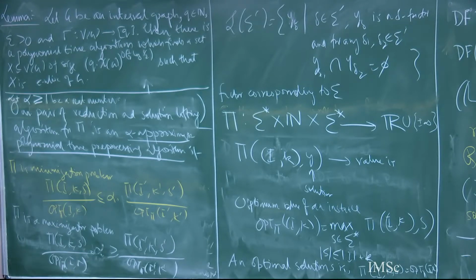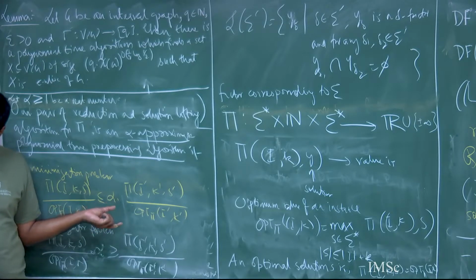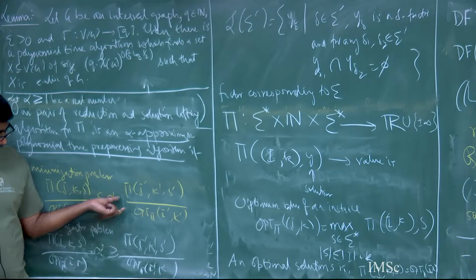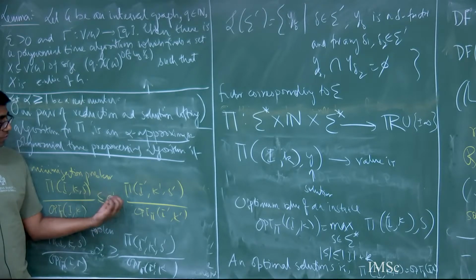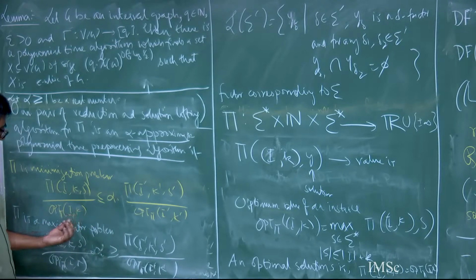Okay, fine. What does it mean? Let's try to understand. Suppose, what is an alpha? Alpha is greater than 1. So if it is a maximization problem also, how are you going to define the ratio for both kinds of problems so that it is greater than or equal to 1?